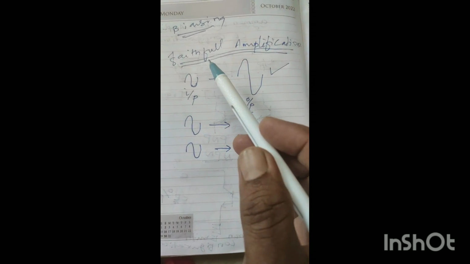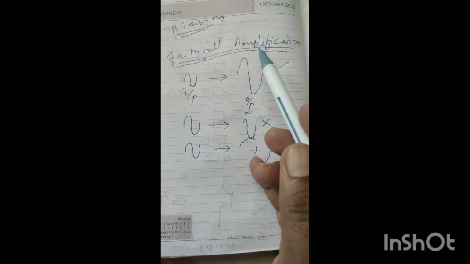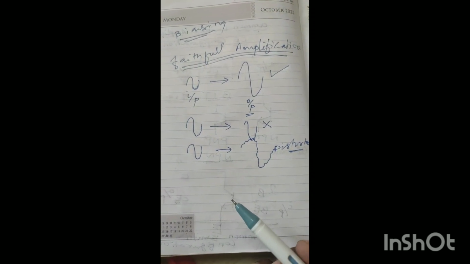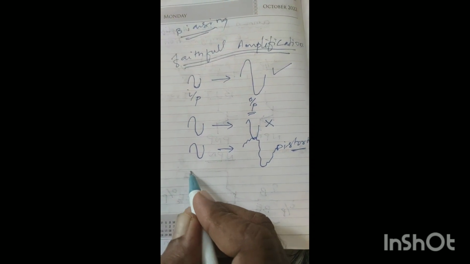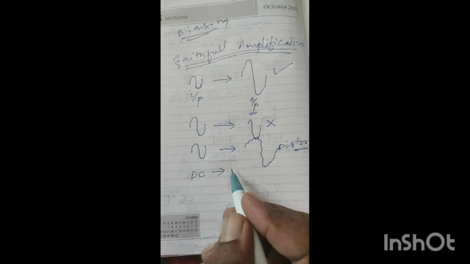Right now just know that in order to achieve the faithful amplification, we should properly bias the BJT. That is the reason why we have to bias the amplifier or BJT. The first question, what is meant by biasing? Biasing is nothing but adding extra DC signal, adding extra DC voltage to the BJT.